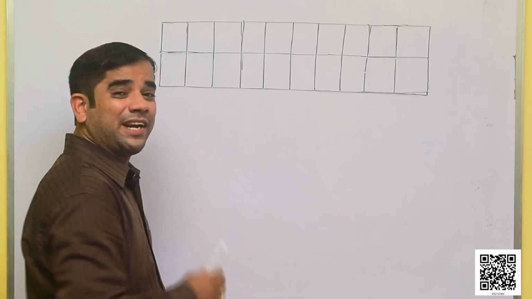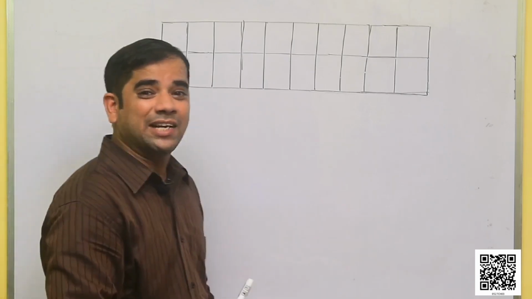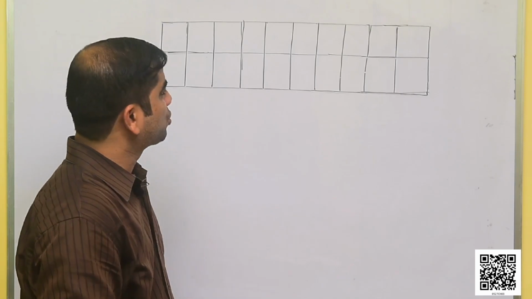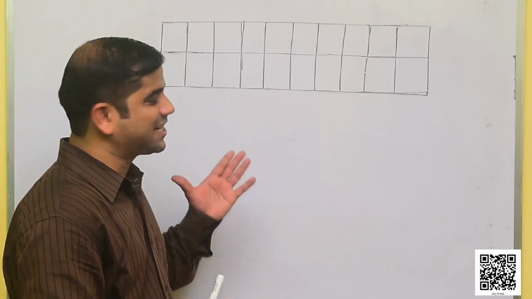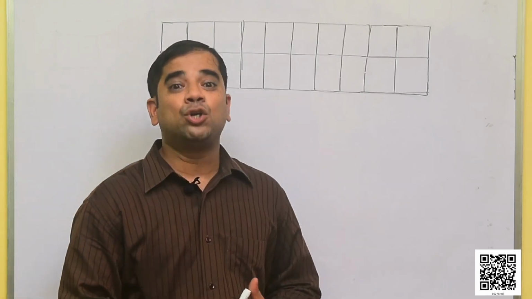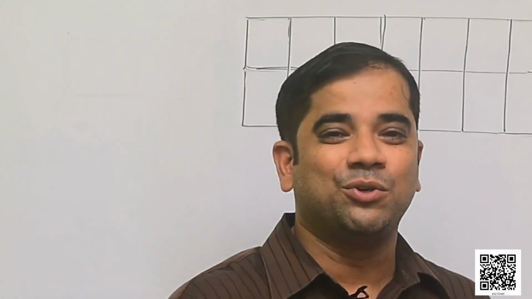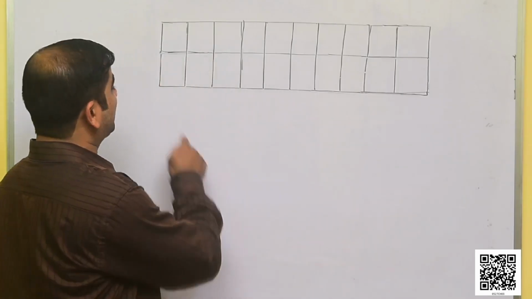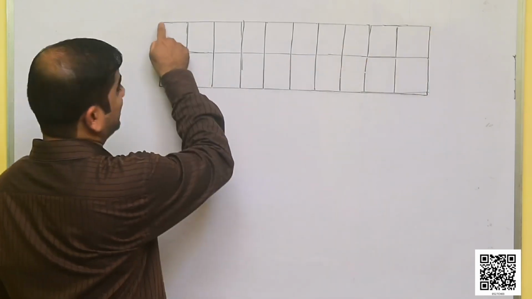It is 20 square centimeter because it has 20 squares of 1 square centimeter of area each. So let's draw a single line so that this rectangle can be divided into two equal triangles. How can you do this? We can do this by joining the corners, either these two corners or these two corners.